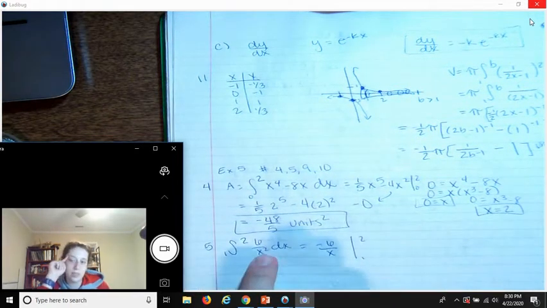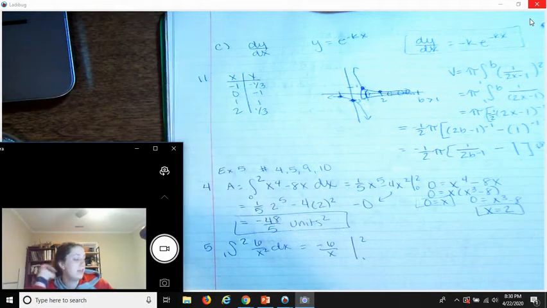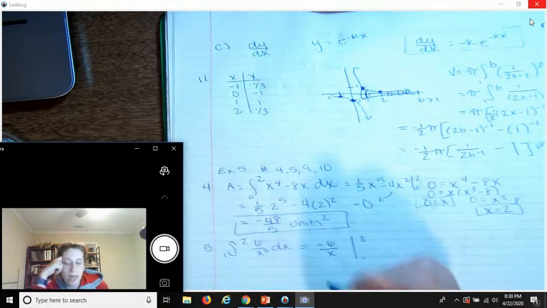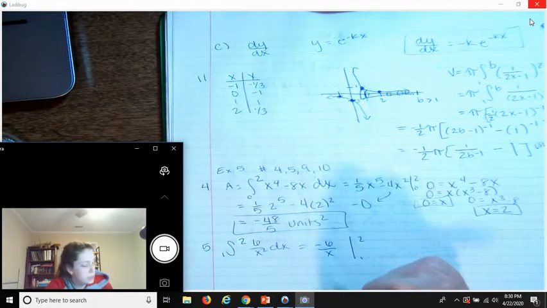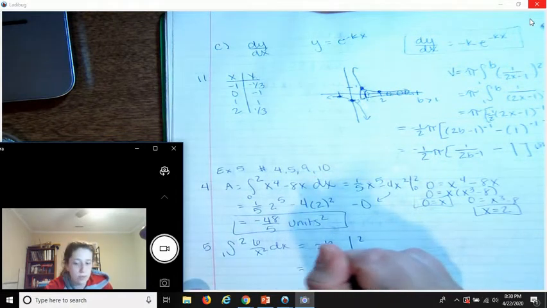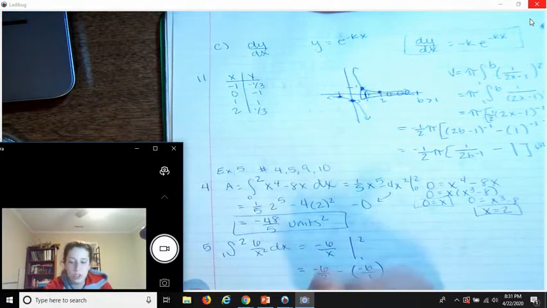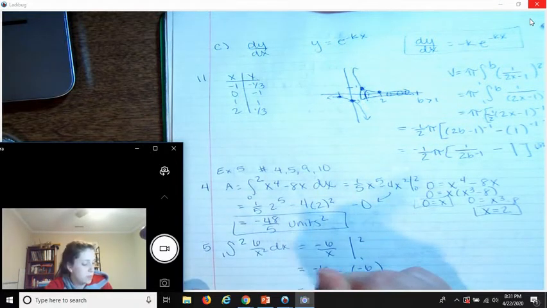Because this is x squared, you can rewrite it as 6 times x to the negative 2 because it was in the denominator. And then when you add 1 to the power, it becomes negative 1. So that's what this is there. And then this ends up being negative 6 over 2 minus negative 6 over 1, which should end up giving you positive 3 units squared.